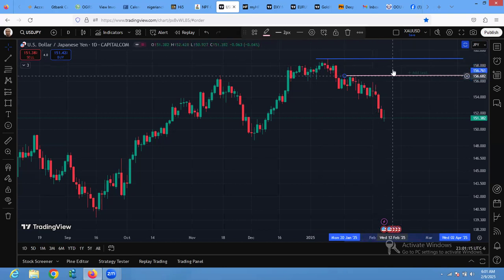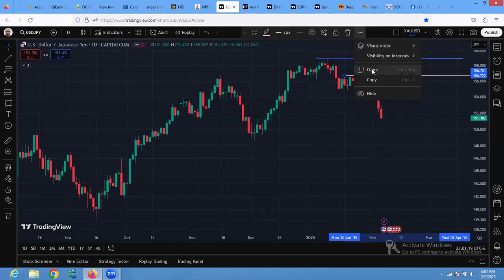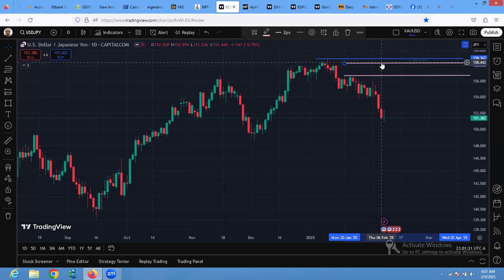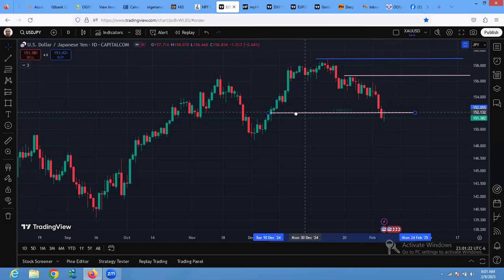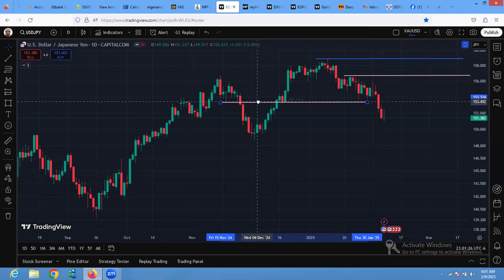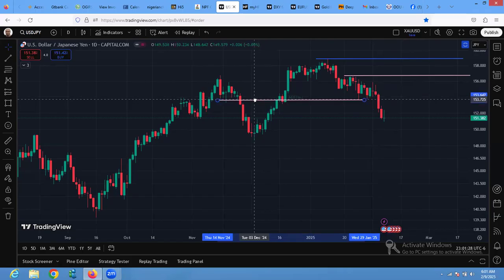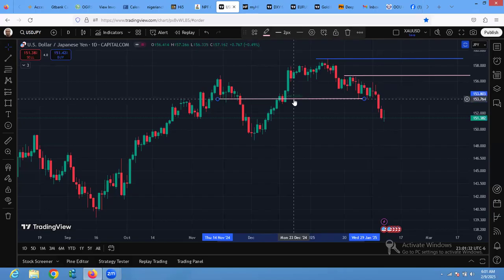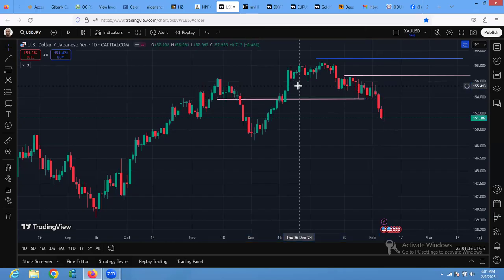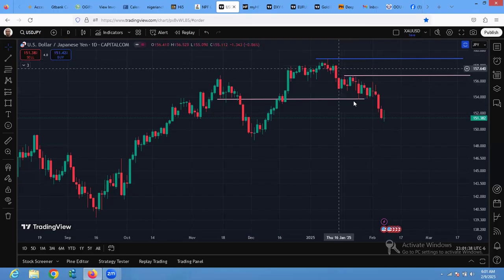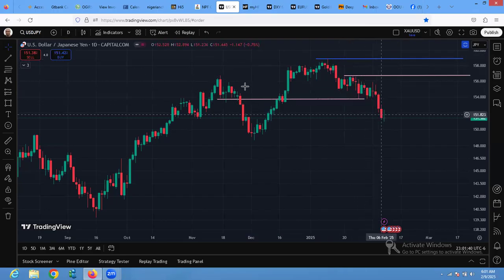If you break up from here, it's bullish. You look at this as a potential AB wave. So we're looking at this as an A, a B, and a C wave.